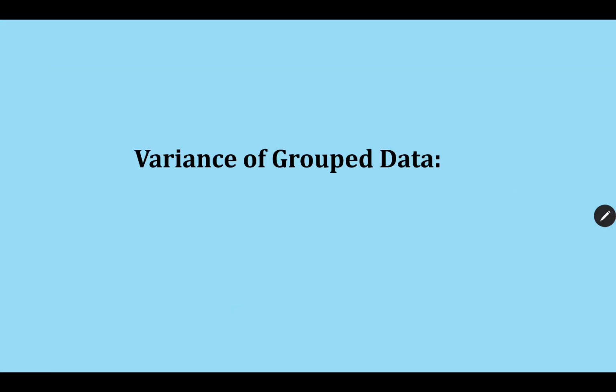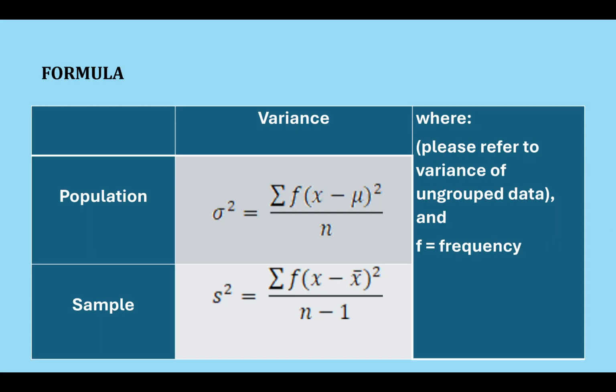Now, we go to the variance of grouped data. The variance of grouped data has more steps compared to the variance of ungrouped data. Okay, so we have here the formula. The population and sample variance again vary in the denominator.